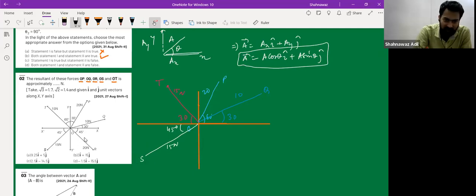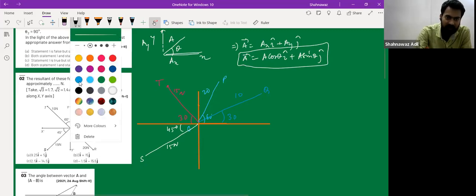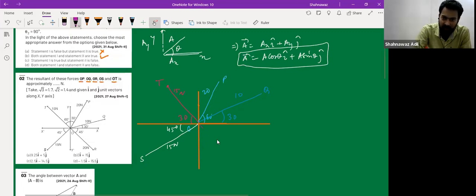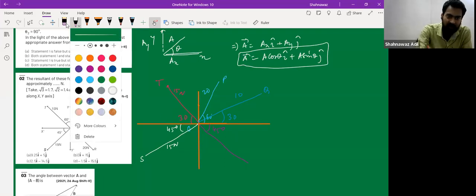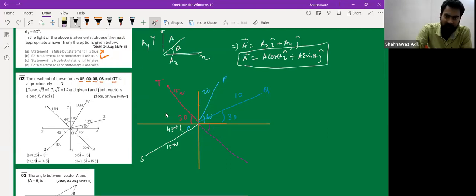And then we have this OR. OR is 45 degree, and magnitude is 20 Newton.